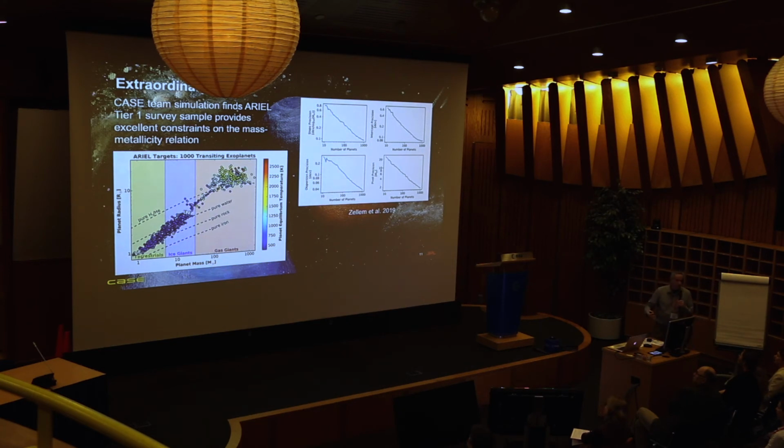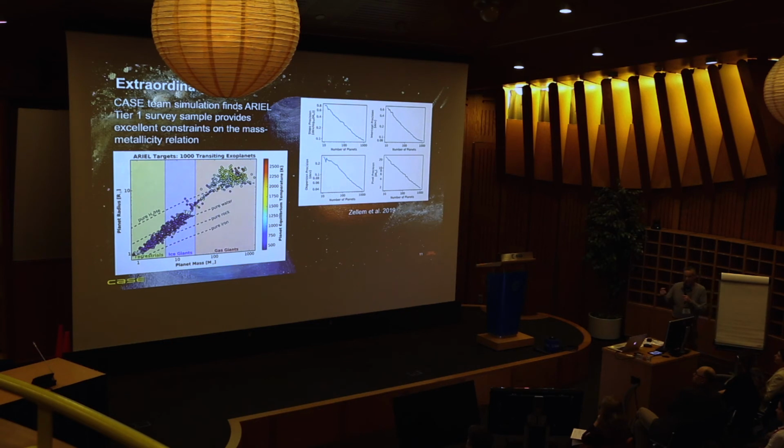And then just for Tier 1, we looked at the parameters that parameterize the so-called mass-metallicity relationship, which is a relationship of the extent of metals in exoplanet atmospheres as a function of planet mass. It's one of the key predictions of planet formation. The slope of this relationship, the scatter about it, the location of a breakpoint, or if a breakpoint exists in that curve, are all critical model-dependent parameters.